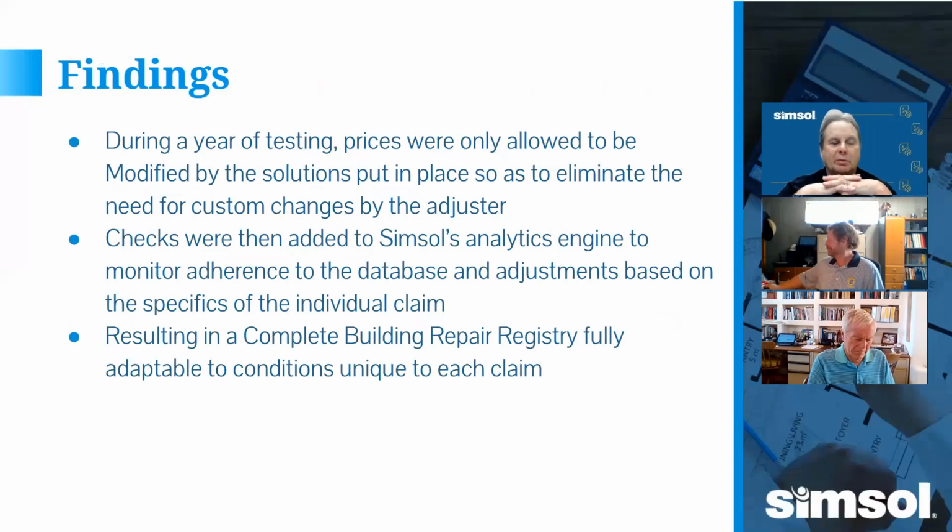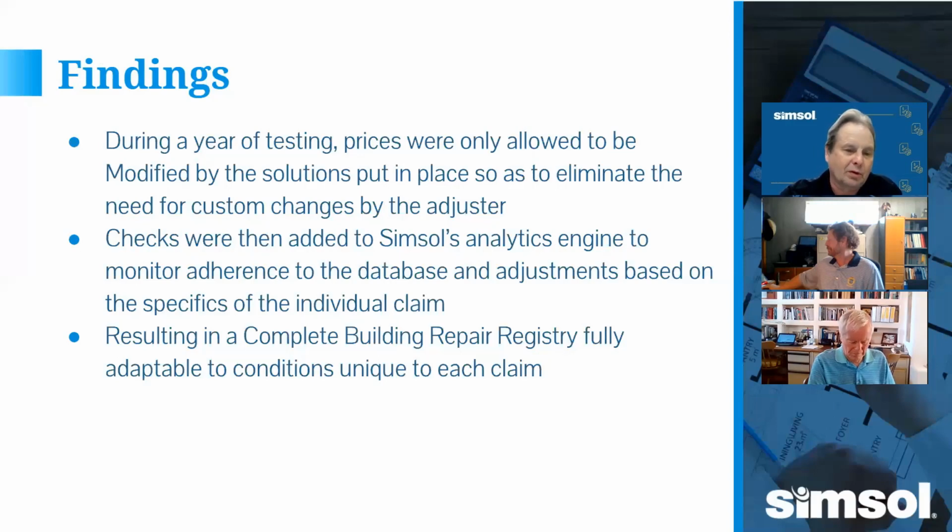Okay, now what I want to do is talk about the findings. What we did is, now that we had all this information and the trending from our claims analytics engines, and thousands, if not tens or hundreds of thousands of claims, we were able to test these adjustments to the prices for a year.